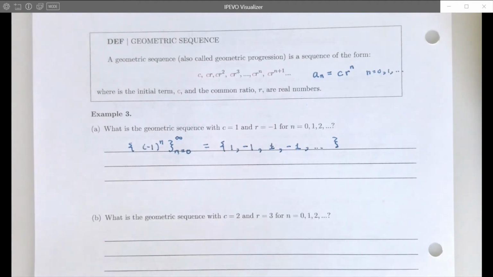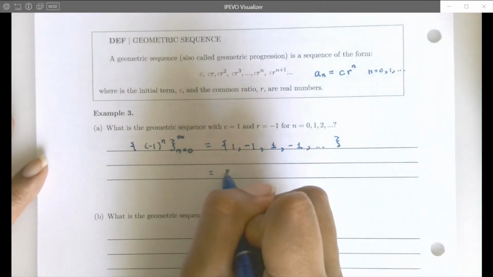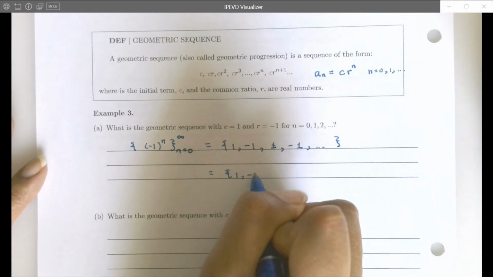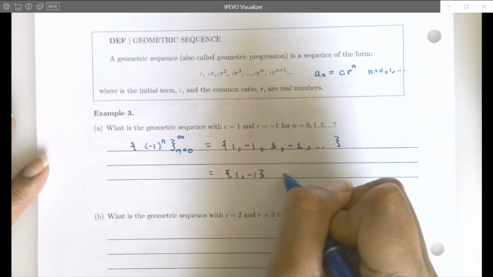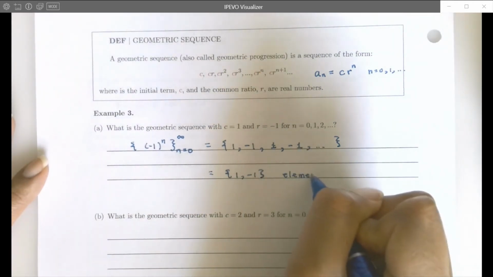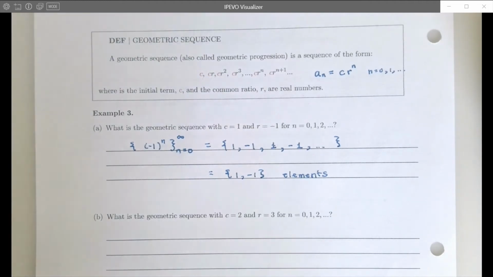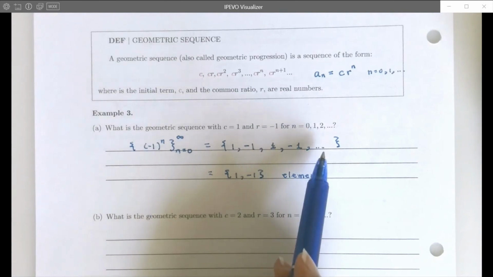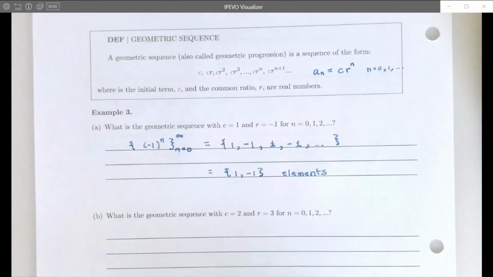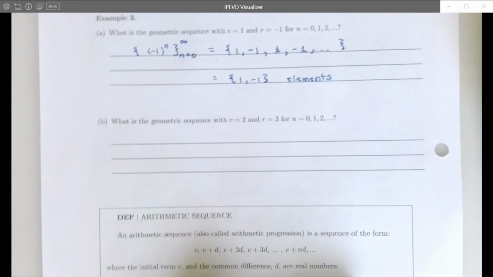If you want to write it as a set without any repetitions, then that would be simply 1 and negative 1. It's talking strictly about the elements. But in terms of a sequence, we care about the pattern or the order that we're seeing. So we usually list out the numbers, even if we do have repeats.